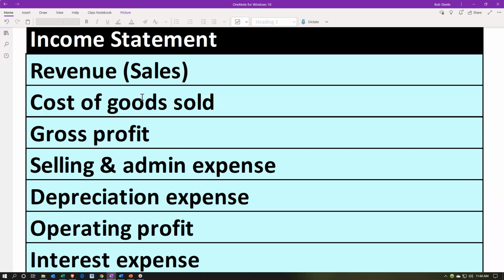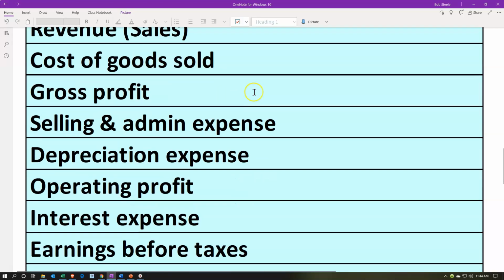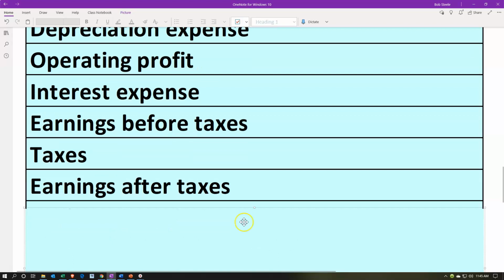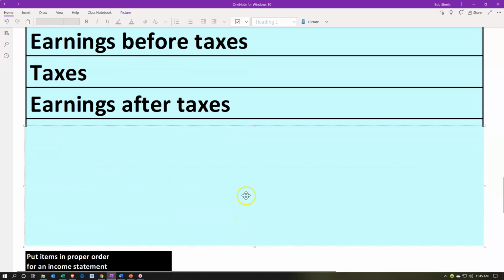But you could break this down to a much easier calculation, which would simply be revenue minus the cost of goods sold, minus the selling and admin, minus the depreciation expense, minus interest expense, minus the taxes, which would bring us down to the earnings after taxes, or basically net income. And we could then eliminate all the subtotals, which make this thing a whole lot longer along the way. But again, it just depends on how much detail you want. So typically in finance, we want the long, detailed statement because we want all those subtotals.